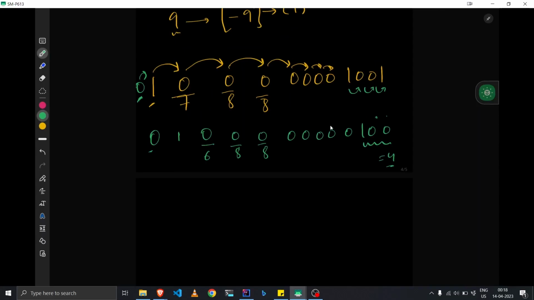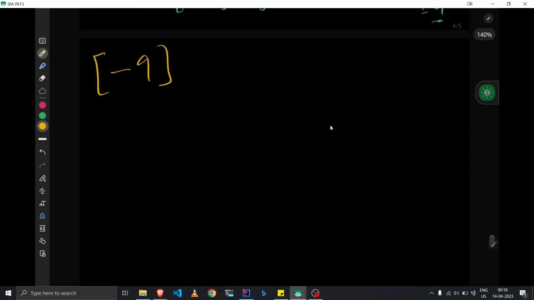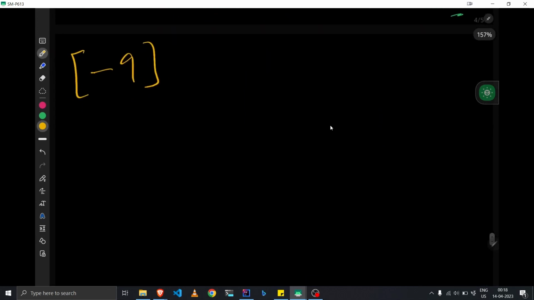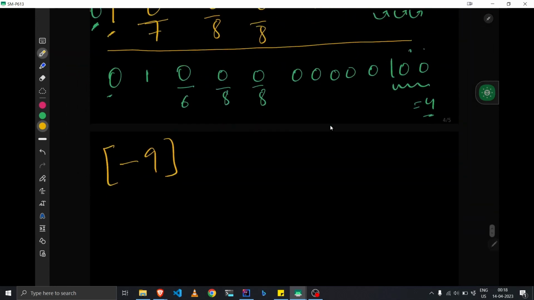So that has something to do with how Java stores negative numbers. So let's say we stored negative 9, right? Negative 9 is not stored like this in Java. As we discussed above, this is not the format that Java likes to store.